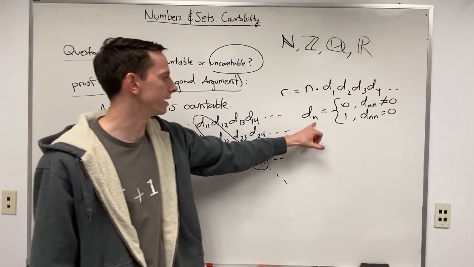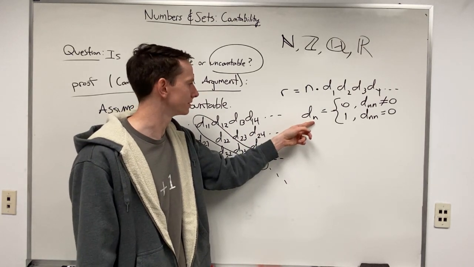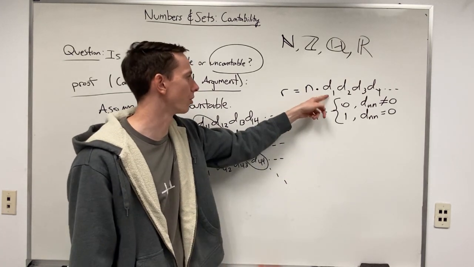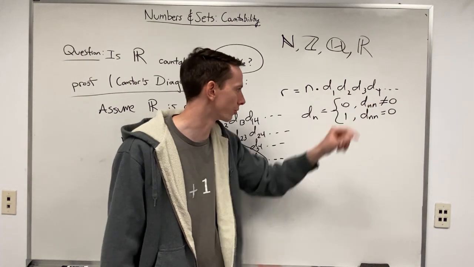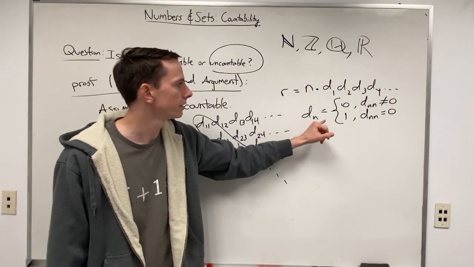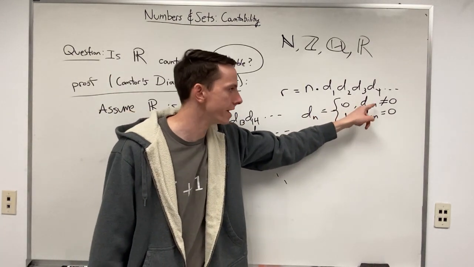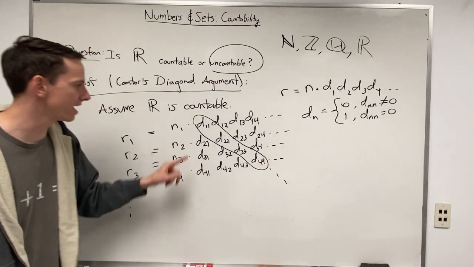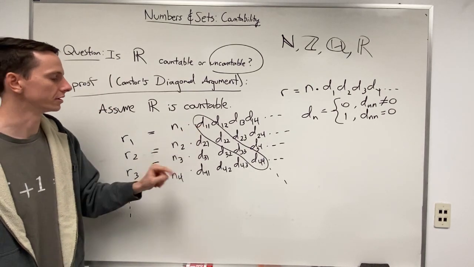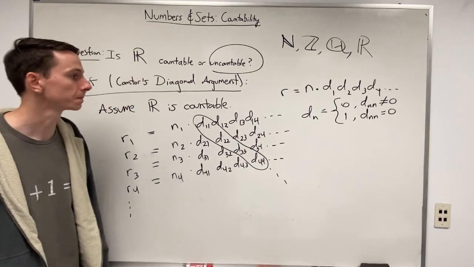Now what does that mean? Well, d sub n has one subscript. So this could be d sub 1, d sub 2, d sub 3, d sub 4. But notice that the value of d sub n is dependent on the value of d sub nn. And d sub nn would be like d sub 1,1, d sub 2,2, d sub 3,3, d sub 4,4, and so on.